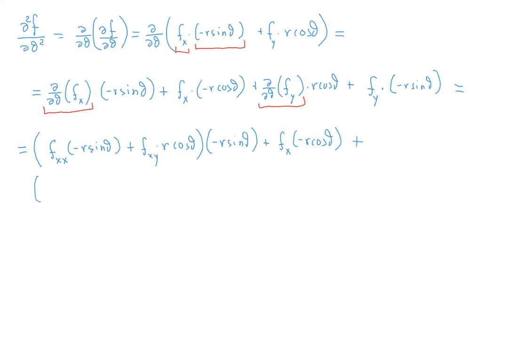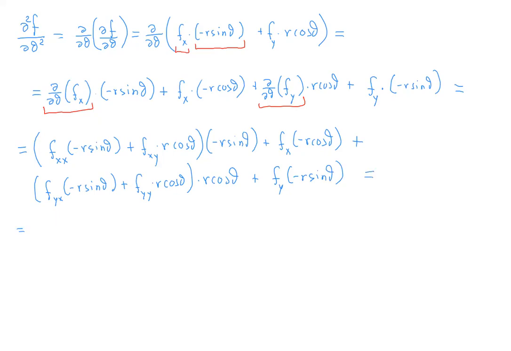So we will have f sub yx negative r sine theta plus f sub yy r cosine theta times r cosine theta plus f sub y negative r sine theta. Here there are some simplifications actually that we can make.